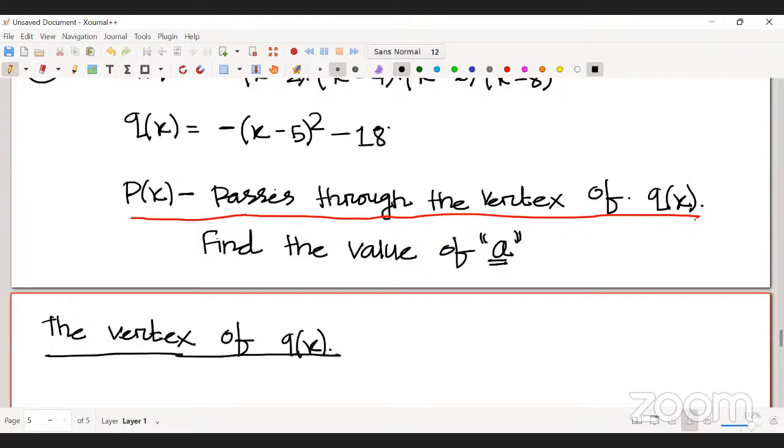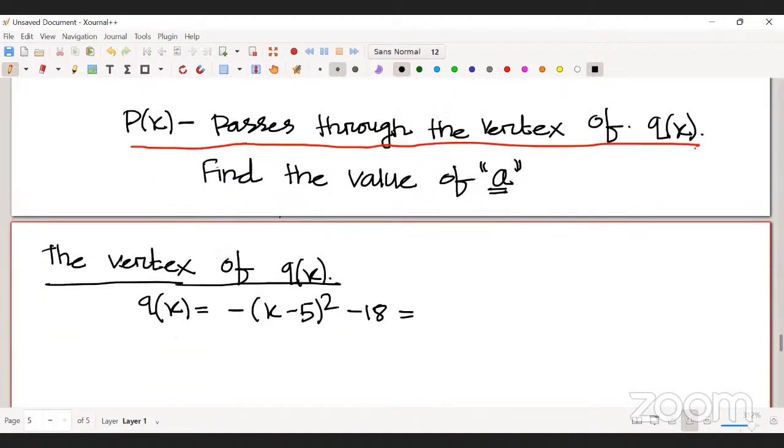So Q of x is nothing but minus x minus 5 whole square minus 18, which is minus of x square plus 25 minus 10x, minus 18.